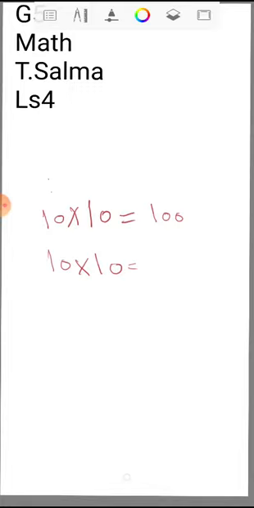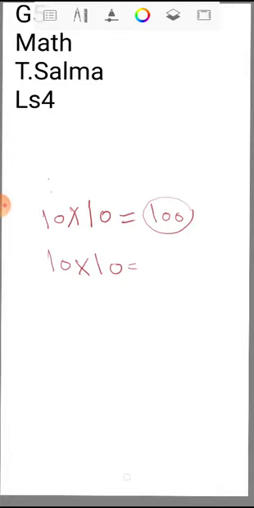You can use powers of 10 to write the answer without writing the whole number. How will I do that? First, you will take the number that is repeated here, which is the base.